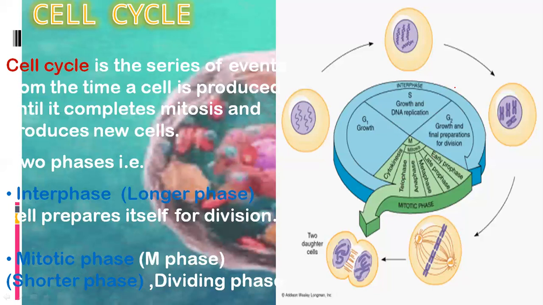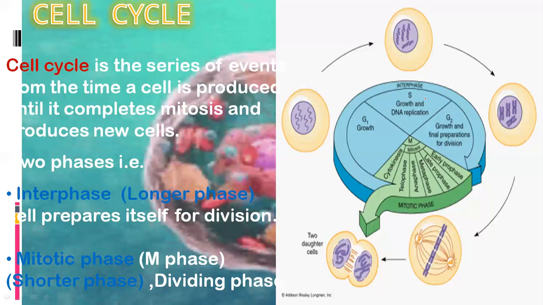So in interphase, we have some other phases also. We will discuss them in detail in the next slides. You can see here the changes in the cells like this and like this. What are these changes, and in which stages are they going on?